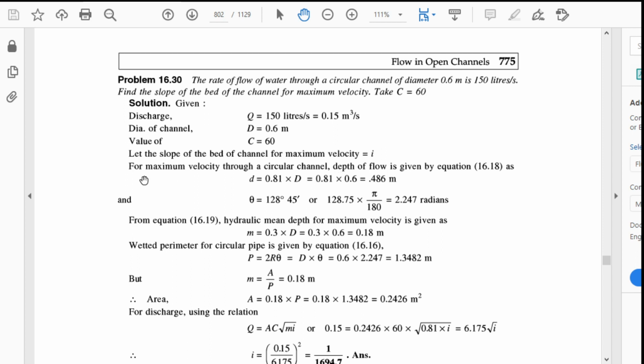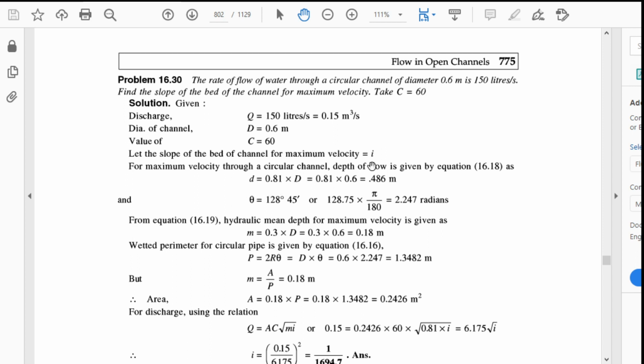Here the condition is for maximum velocity, so the depth of flow is d equals 0.81 times the diameter of your channel. This formula you also have to remember.